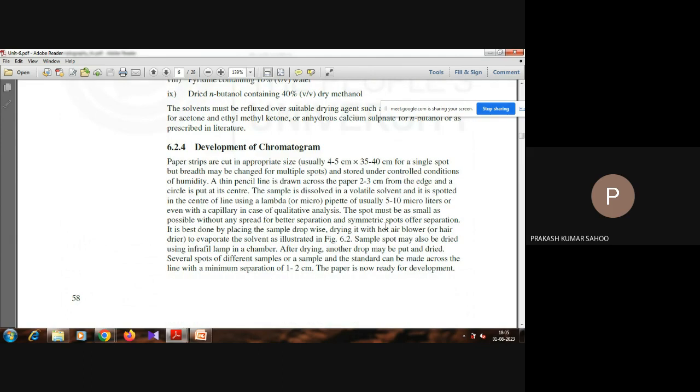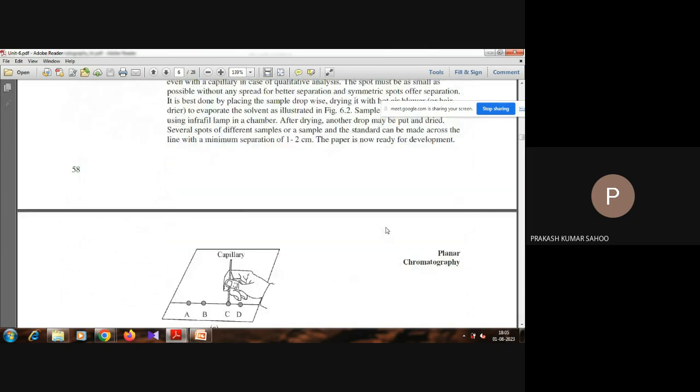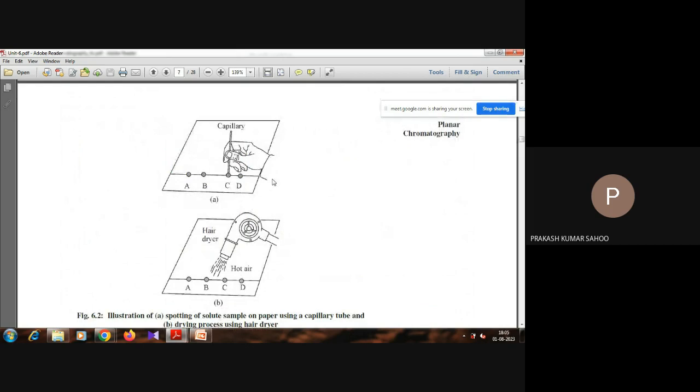So how can we develop the chromatogram? Just see this one. This is the cellulose filter paper we use for the stationary phase, and its dimension is 30 centimeters by 30 centimeters, that is, a perfect square.